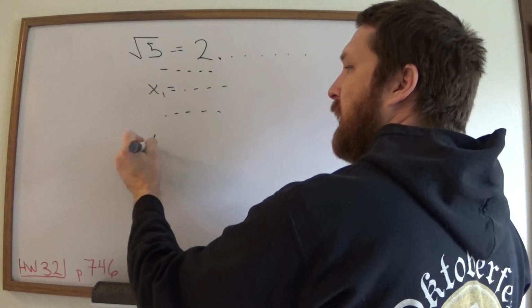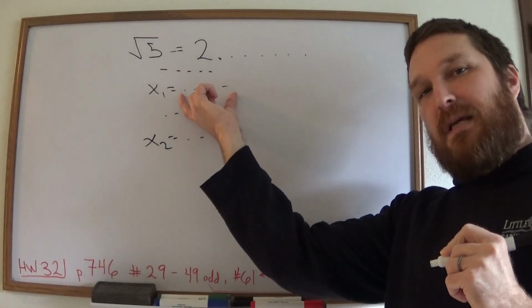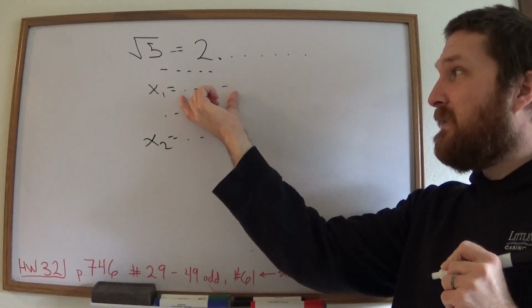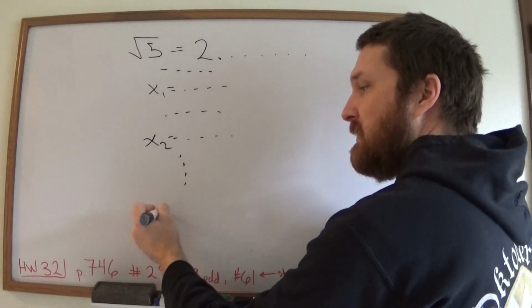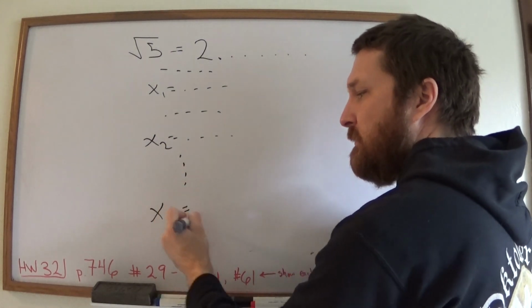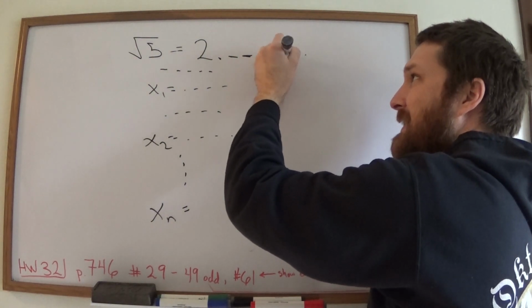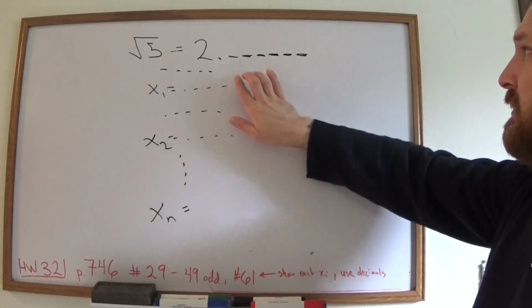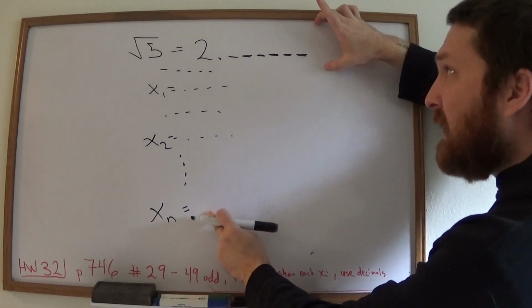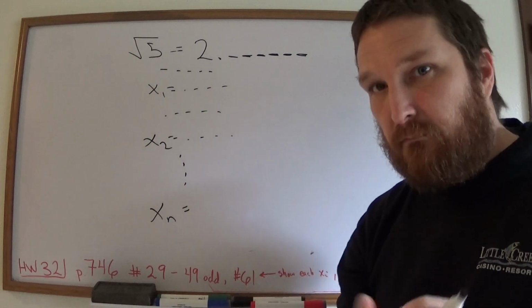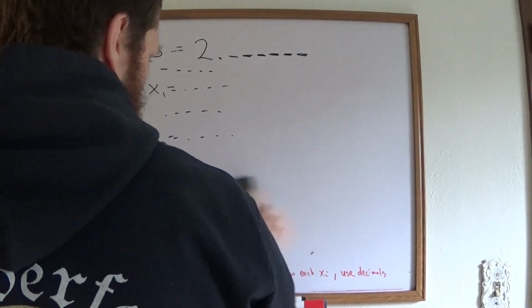If you do some more work, x2 equals some stuff. Each one of these should be a decimal number, and you keep going until you get to whichever one matches the square root of 5 to the first 6 decimal places. Once they match to the first 6 decimal places, then you can stop. Okay, so that's that. Let's begin.